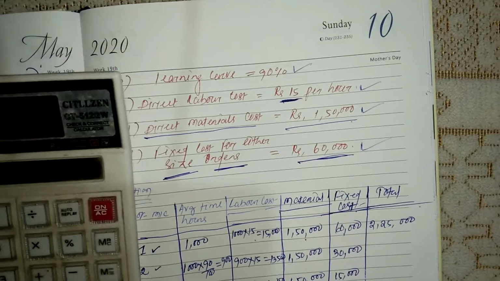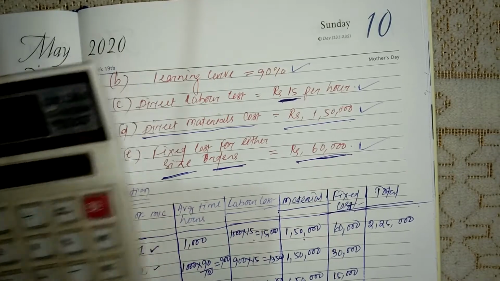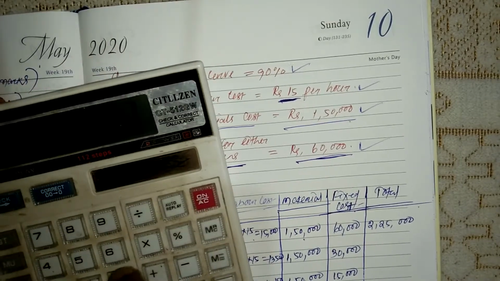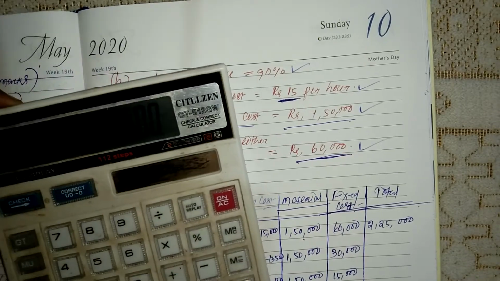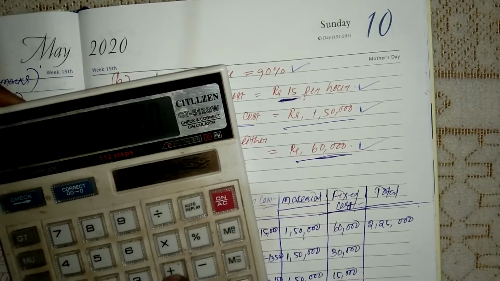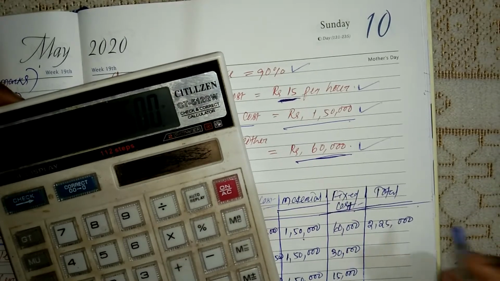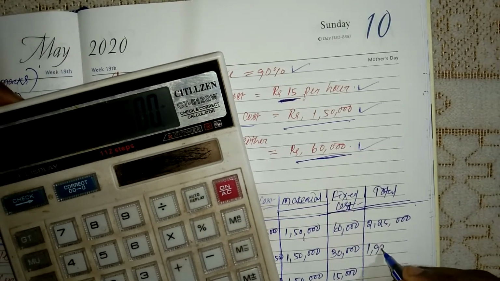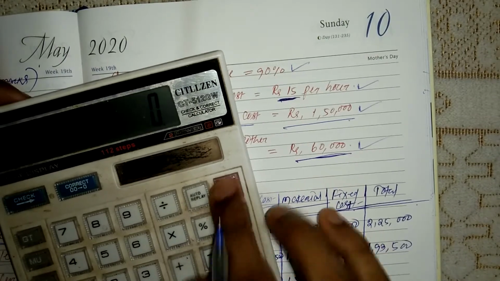Similarly, for 2 machines, the total cost will be 13,500 plus 1,50,000 plus 30,000, which is 1,93,500.